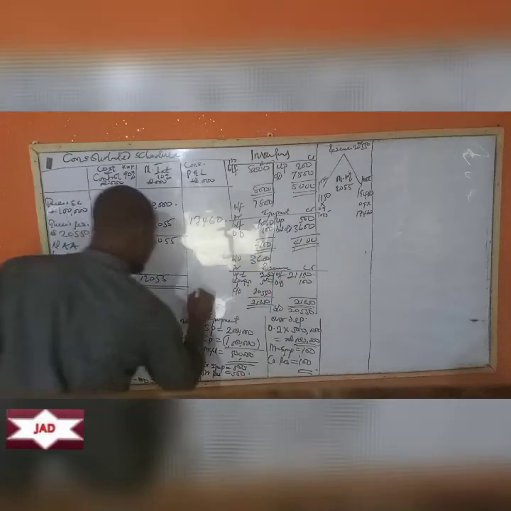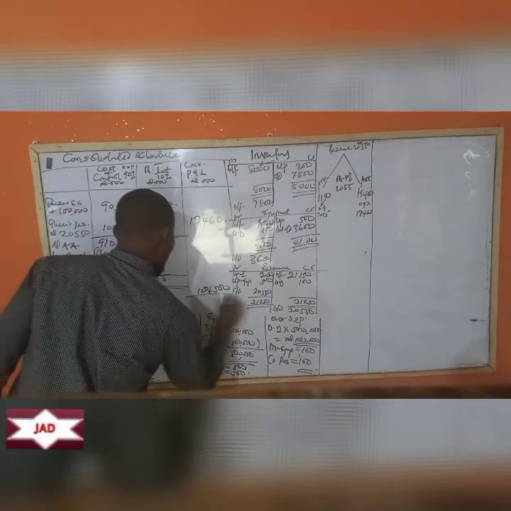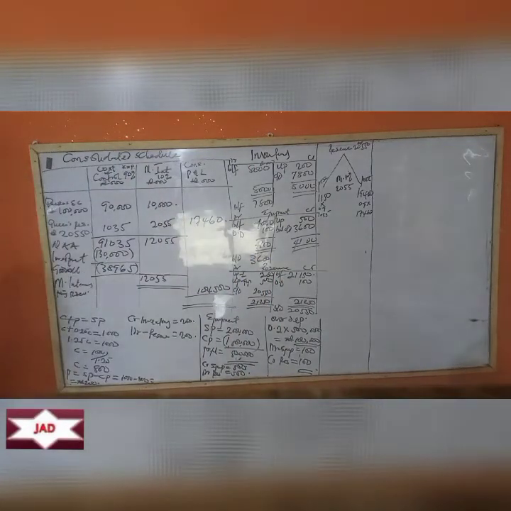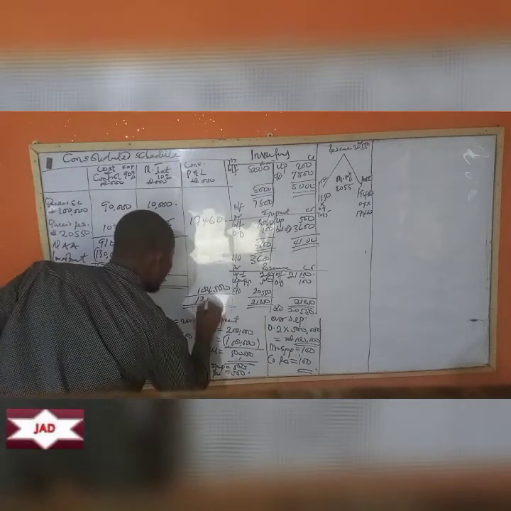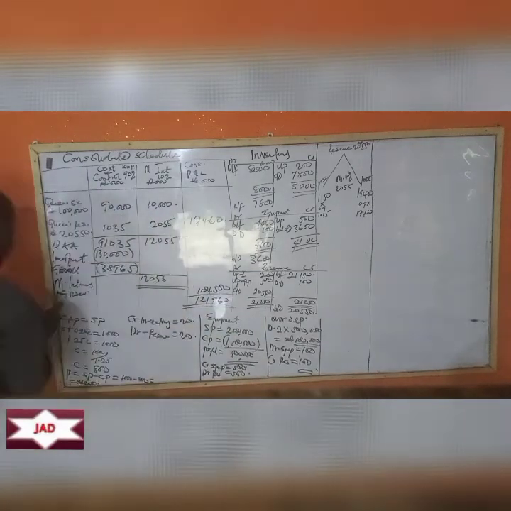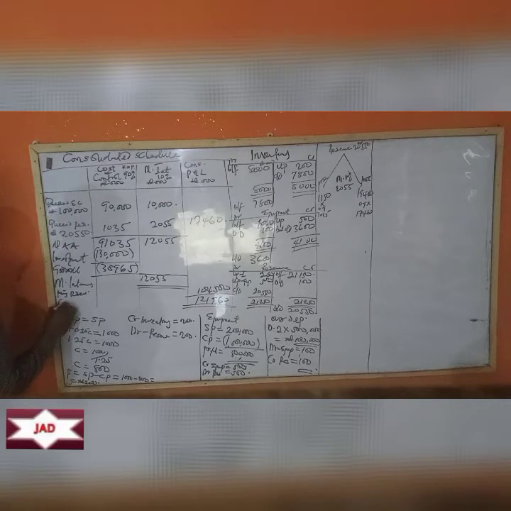So if you add up, what do we have? 104,500 plus 17,460 is 121,960. So this is your consolidated profit and loss or reserve.